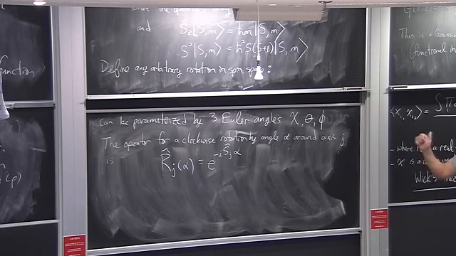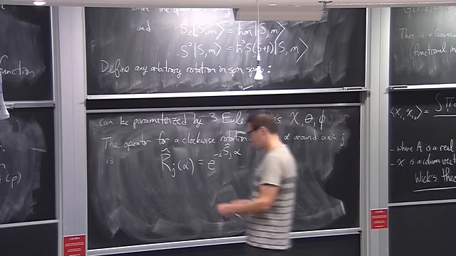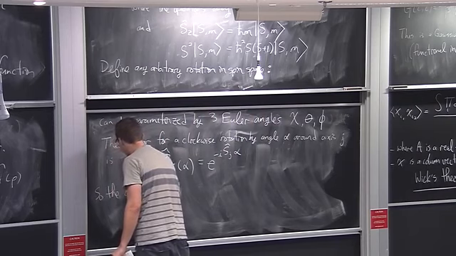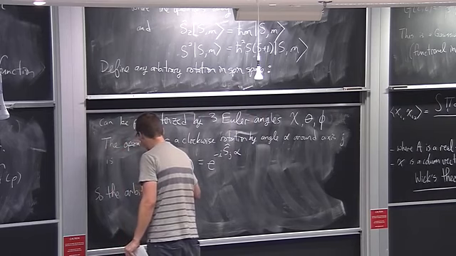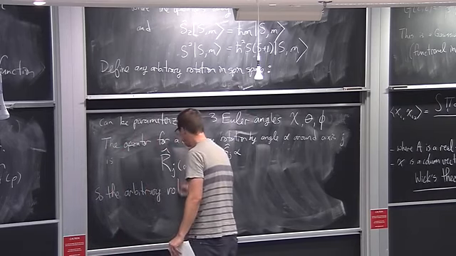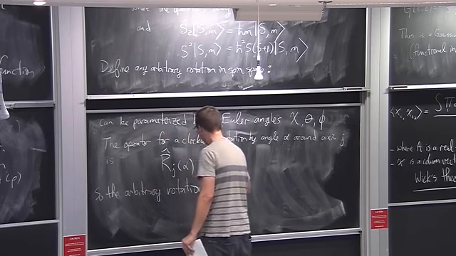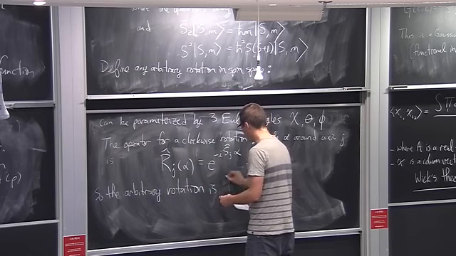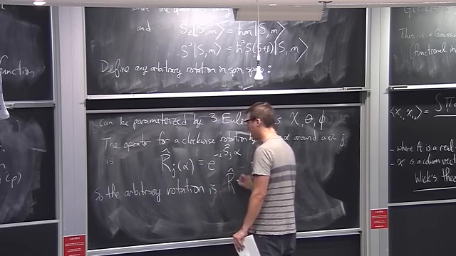That's only one rotation, clockwise around one axis. To get an arbitrary rotation, you need 3 of these things. And I'll call it R. So it's an operator still.